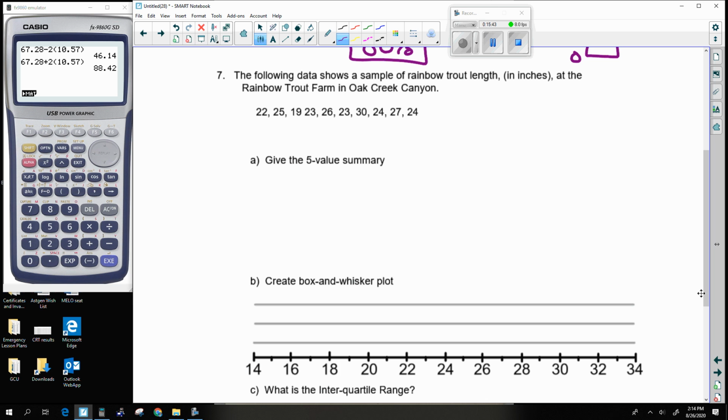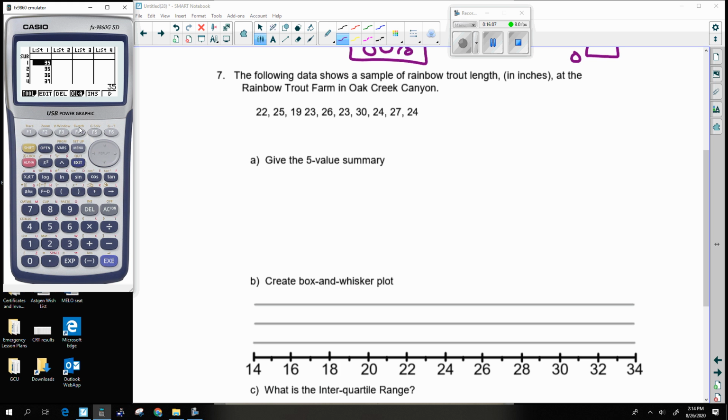Okay, here we're talking about trout in Oak Creek Canyon, et cetera, et cetera. We are going to be making a box and whiskers. So what is in your best interest? And this is to actually make sure that this list of numbers is in order. So what I'm going to do is use my calculator to help me out with that endeavor.